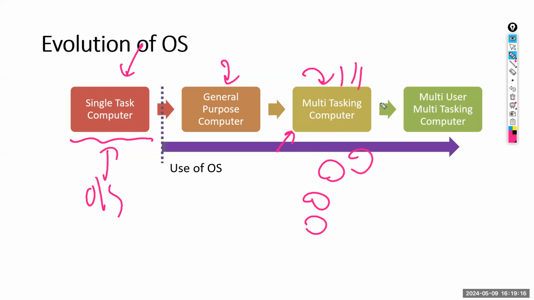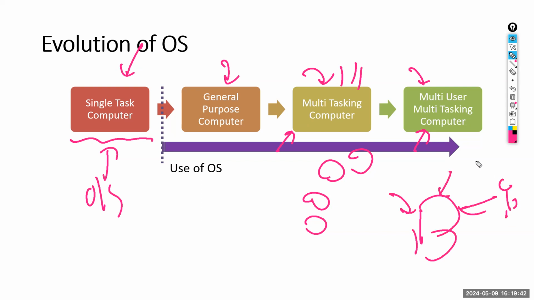And now we have not only multitasking, but multi-user multitasking computers. At a time, your computer can run multiple programs, so that is multitasking. Not only that, at a time, multiple users can log into the system and use it, run programs. So just one computer, but maybe 3 people running their programs on the same computer. That is multi-user multitasking.